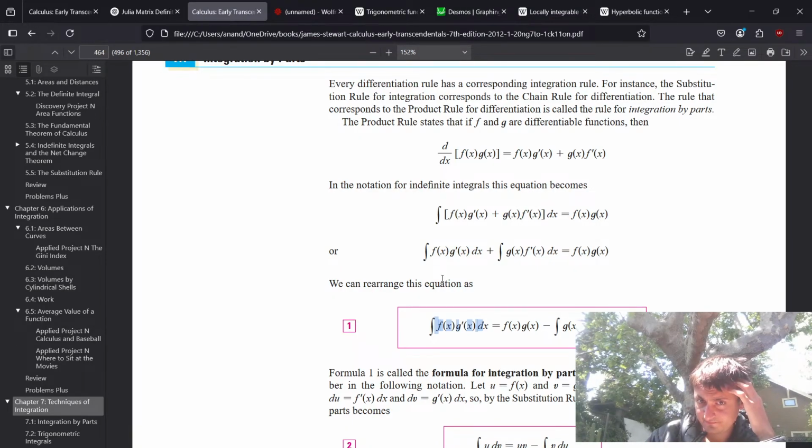Then the integral of f g prime plus g f prime dx is equal to f of x g of x.